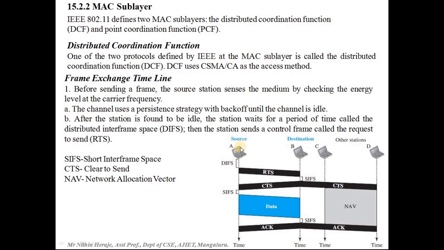Once it identifies that the medium is idle, it will wait for DIFS, that is distributed interframe space. After waiting for DIFS, if the medium is still idle, it sends an RTS frame, that is a request to send frame, to the intended destination. So B is the node that it wants to send to.